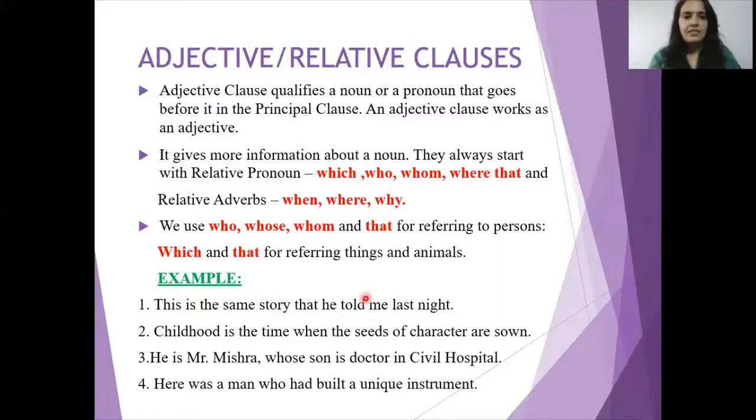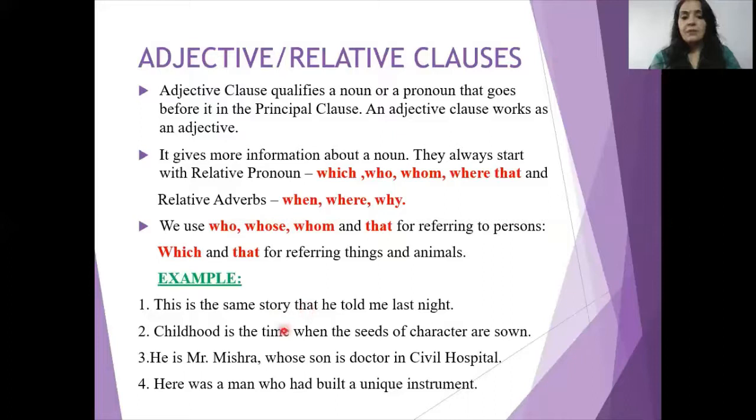To understand adjective clauses through these examples: this is the same story that he told me last night. Same story, this is the noun. We are talking about this noun, that same story, as it has been told last night. It means this noun has been qualified here.